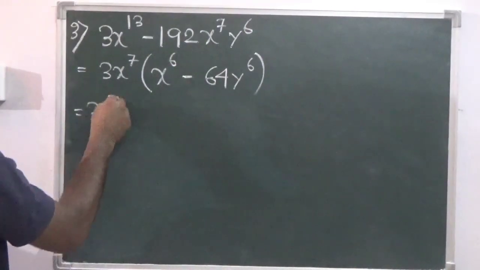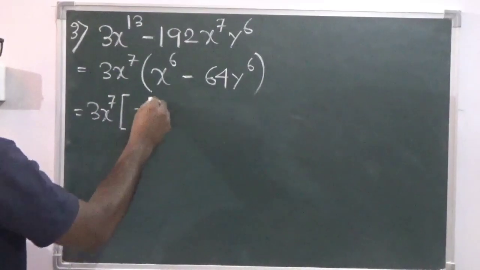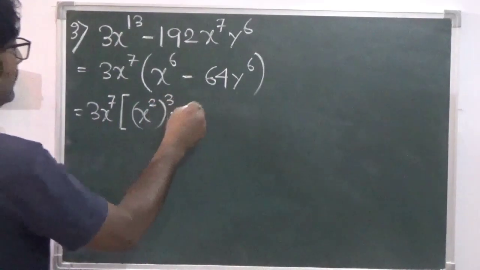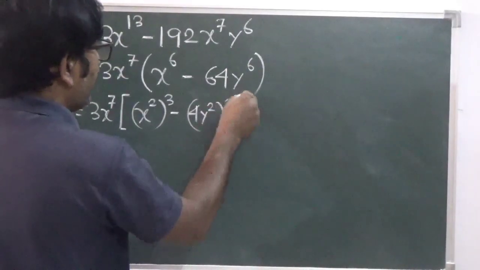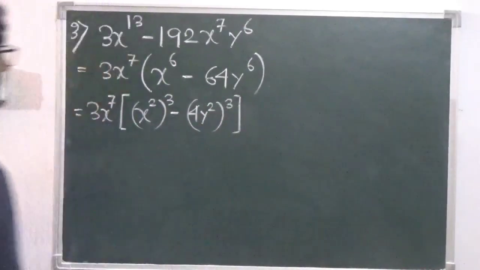3x to the power 7, you can write it as x square power 3 minus 4 y square power 3, 64 y power 6.